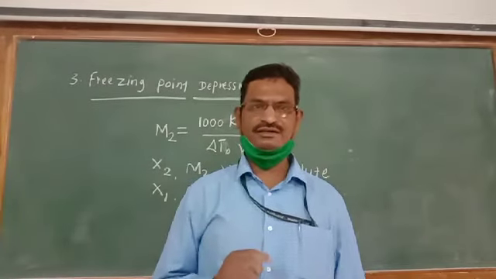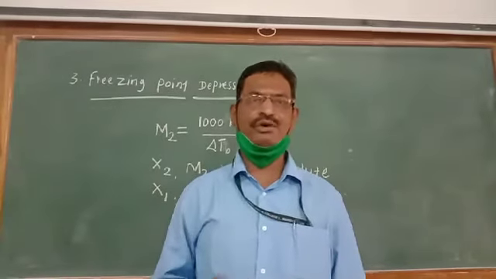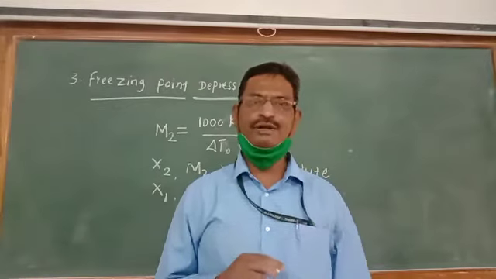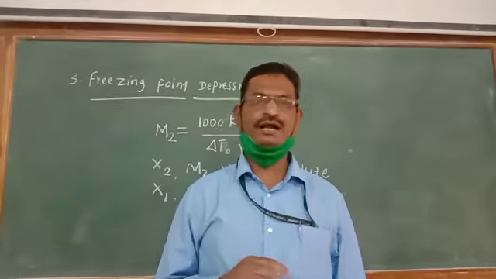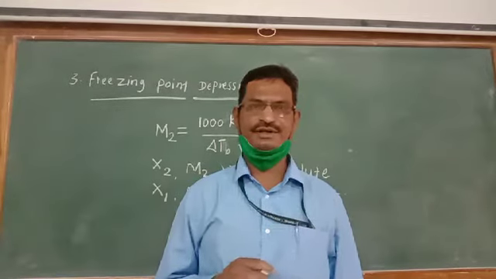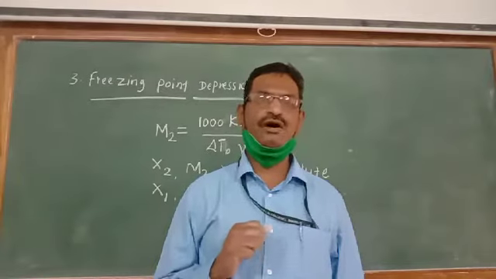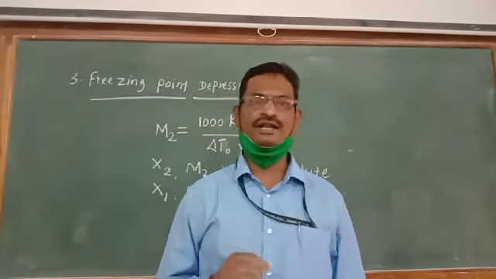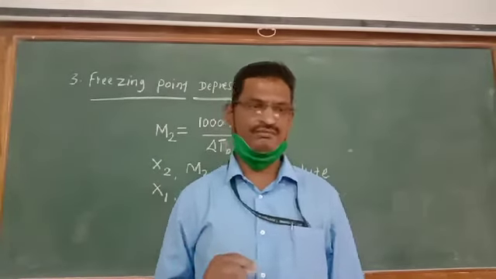is in equilibrium with the vapor pressure of the same substance, the same compound, in its solid state. There is equilibrium in between liquid phase and solid phase. The temperature at which vapor pressure of liquid is equal to the vapor pressure of solid of that own compound is known as freezing point of that compound.